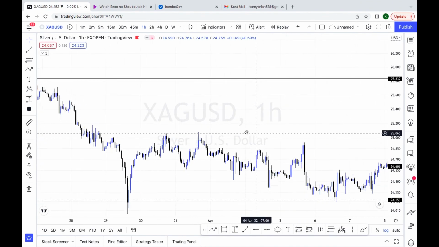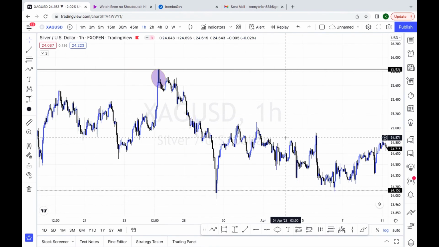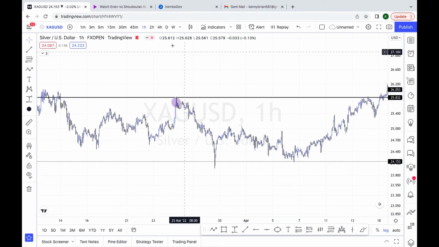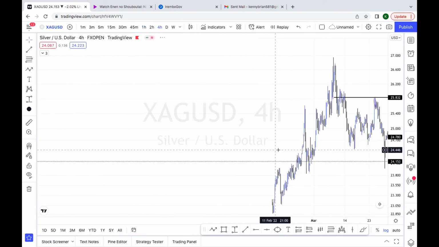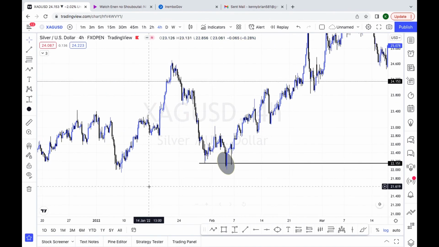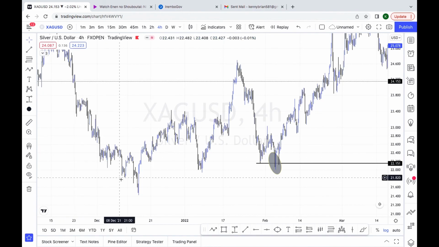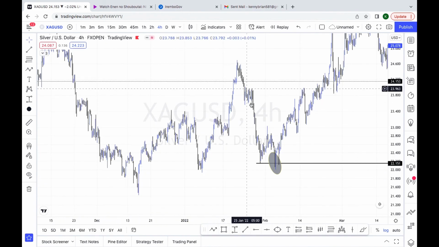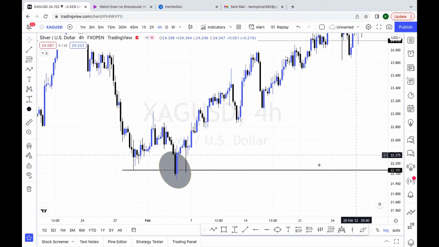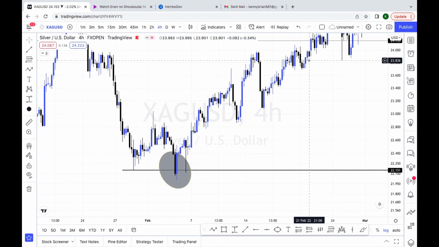Let me show you the tweezer bottom. As you can see, the markets were moving down, they went up, they moved down, and then you got the tweezer bottom, which moved the price up.